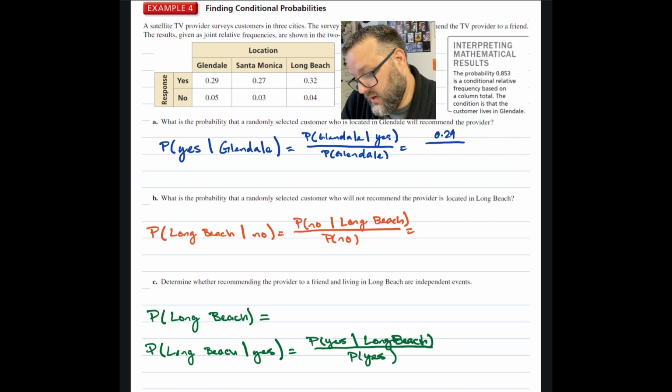So if we take 29% and divide it by that same 29% plus the other 5%, what you get when you solve this is about 0.853. So there's an 85.3% chance that someone in Glendale will recommend the provider. Now that's all of Glendale.